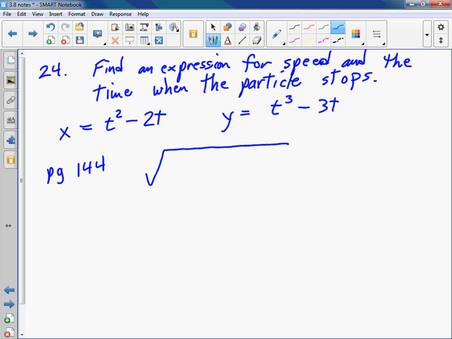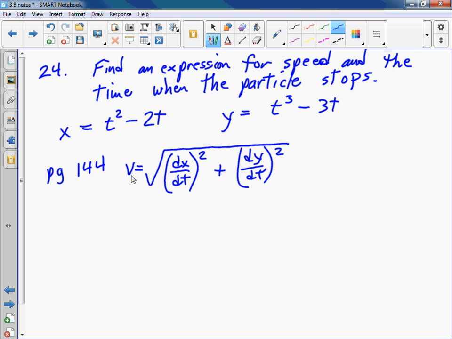The velocity v equals the square root of (dx/dt) squared plus (dy/dt) squared.